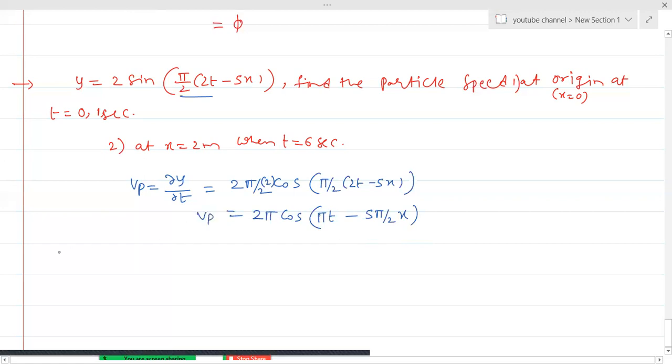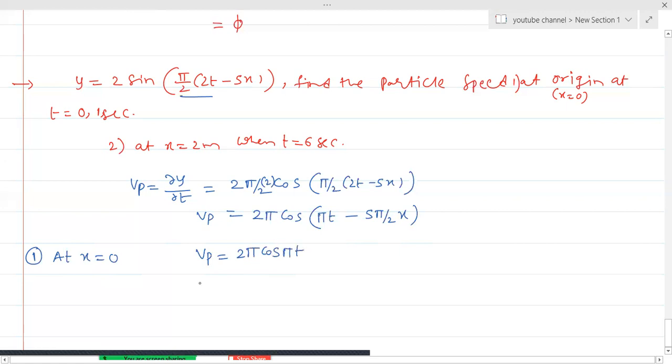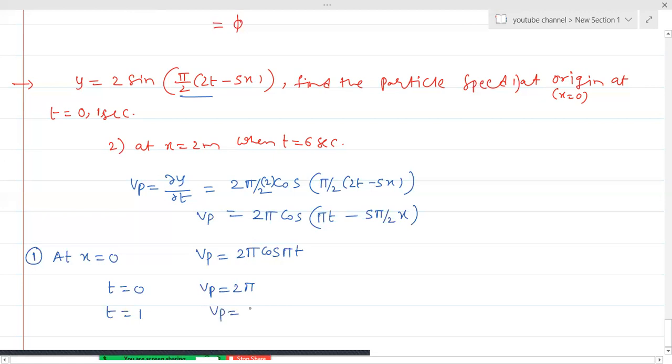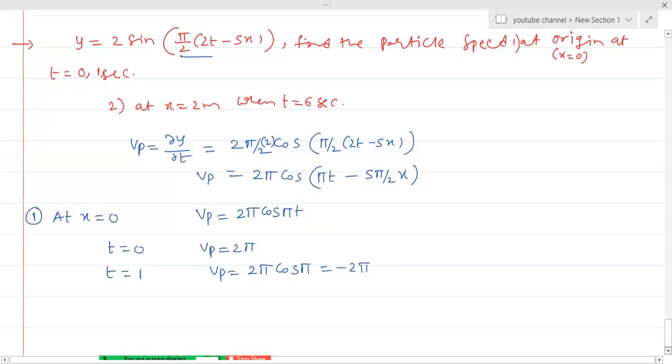So now we are taking at x is equal to 0. First one we are taking at x is equivalent to 0. We are taking at x is equal to 0, Vp equal to 2 pi cos pi t. Suppose if t is equivalent to 0, we get Vp equivalent to 2 pi, and t is equivalent to 1, we will get 2 pi into cos 180, minus 2 pi.